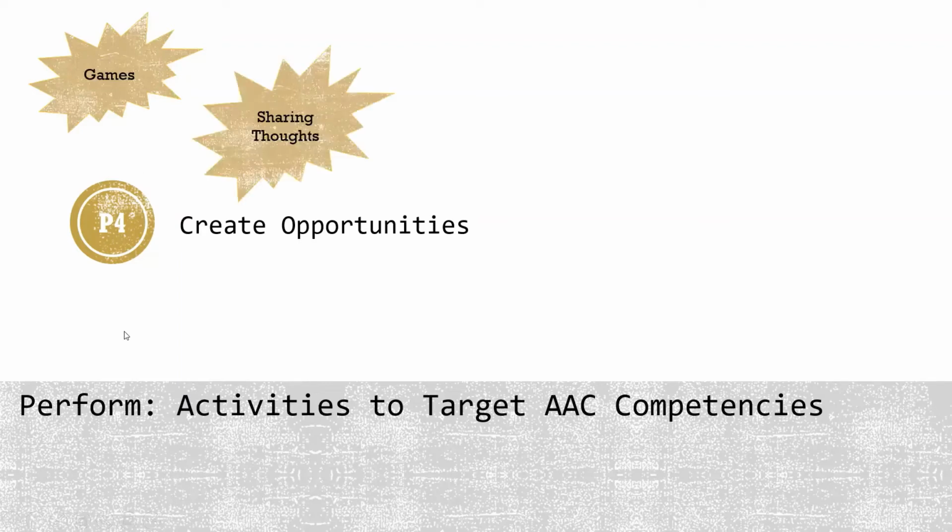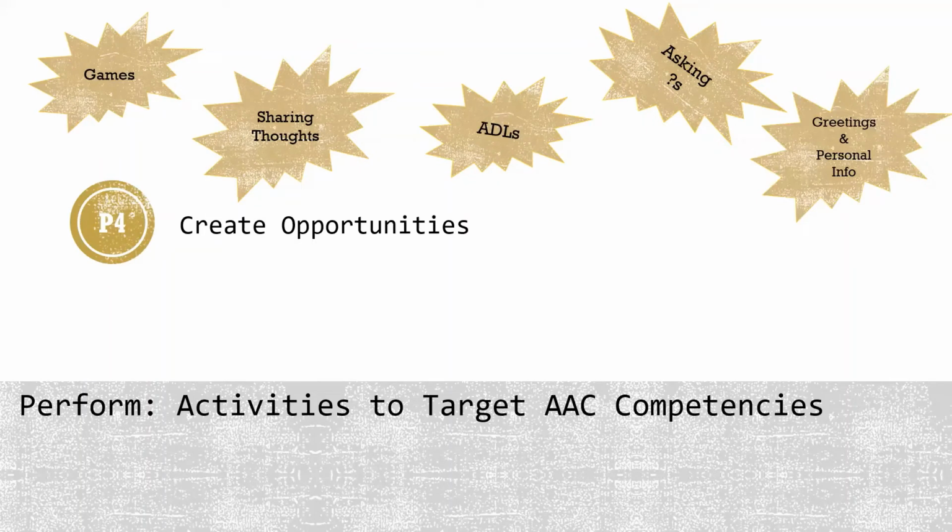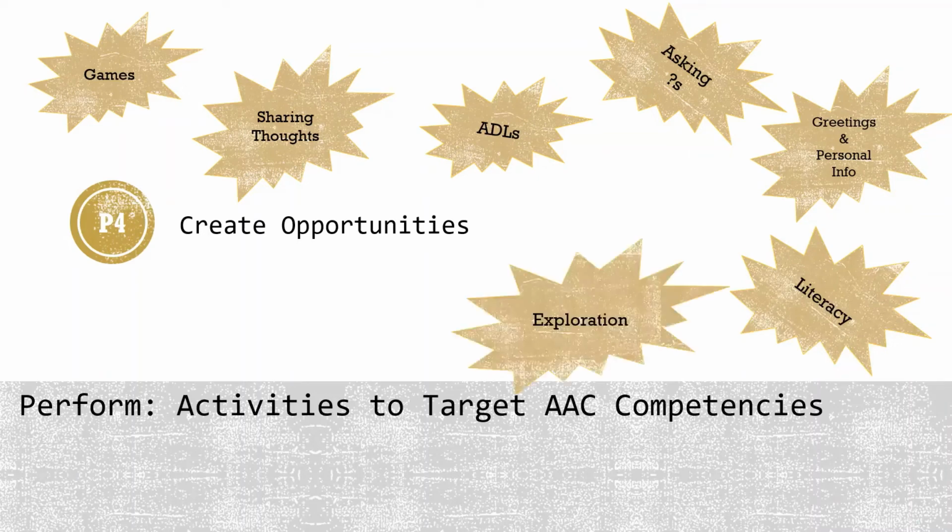Maybe they're sharing information and thoughts, some past experiences. Maybe they're engaging in some activities of daily living and talking about that. Maybe they're asking or answering questions. Maybe we're doing some greetings or personal information sharing. And maybe we're doing some shared reading or other literacy activities. Maybe we're just giving them an opportunity to explore the system and explore that access method.